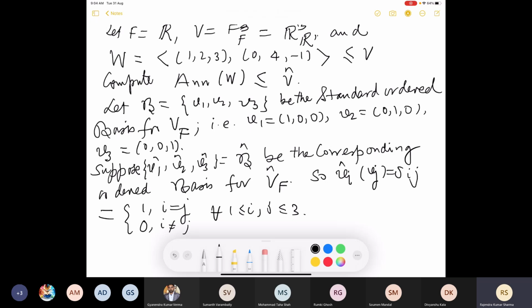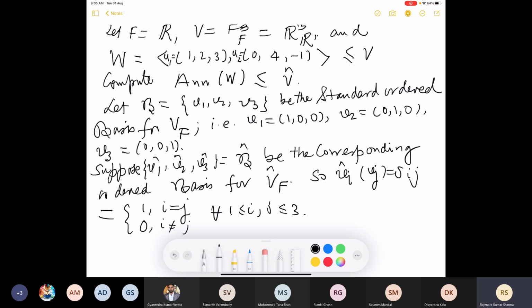So what we want to know is the annihilator. Now there are two vectors which span this. All right, so let us take this as u1 and this as u2. So W is spanned by u1, which is 1, 2, 3, and u2, which is 0, 4, minus 1.